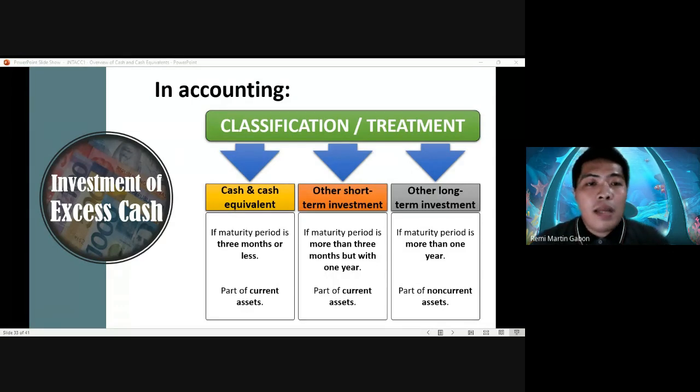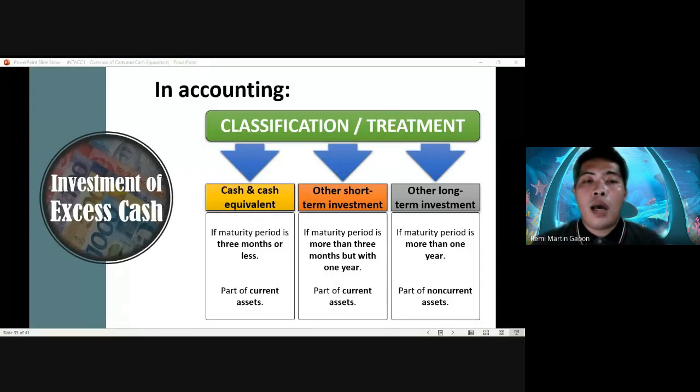Kapag 3 months or less, part siya automatic ng cash and cash equivalents and of current assets. So again, yung maturity period is 3 months or less. 3-month rule, parang sa cash equivalents lang.